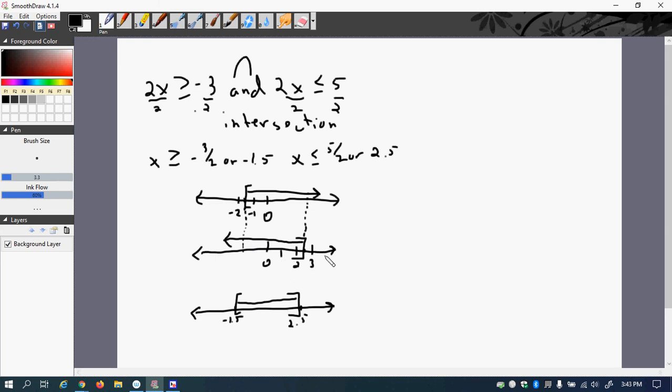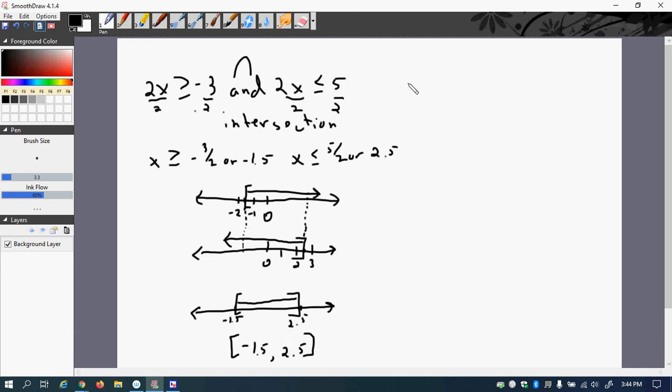Then I could also write this in interval notation. I can go, okay, that's bracket -1.5 comma 2.5 bracket. And this shows me the intersection of this system of inequalities.